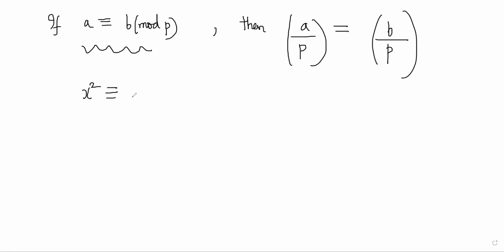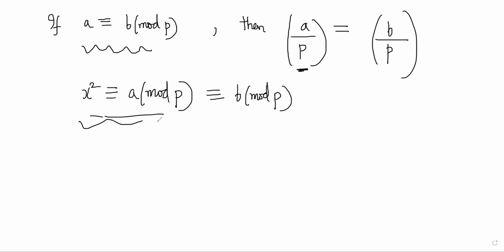X square congruent to A mod P. If this has a solution, this value is 1, right? So that means there is some x such that x square is congruent to A mod P, but A is congruent to B mod P. So if this has a solution, this will also have a solution, right? So both will be same. The Legendre symbols A by P and B by P will be same if A and B are congruent, right?